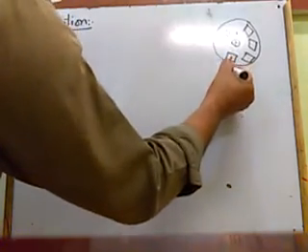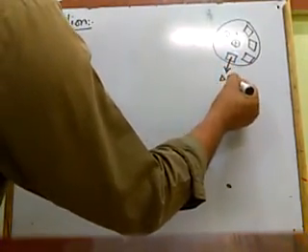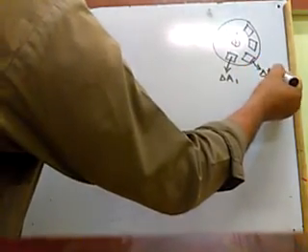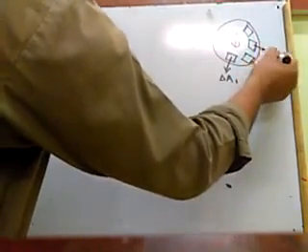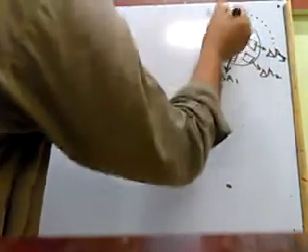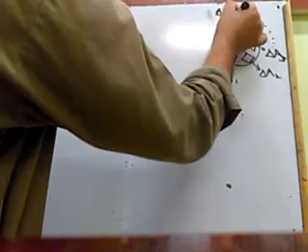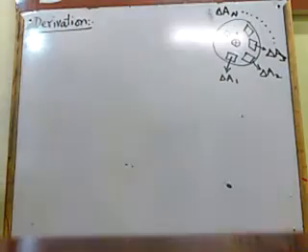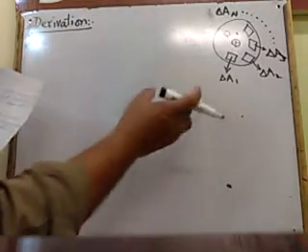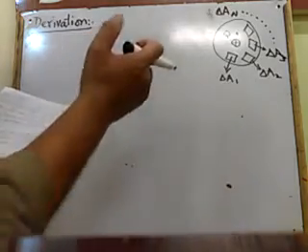And the area of each patch is delta A1, delta A2, delta A3, and so on, delta An. This is a simple technique to divide the whole surface area of the sphere into small patches of small areas.